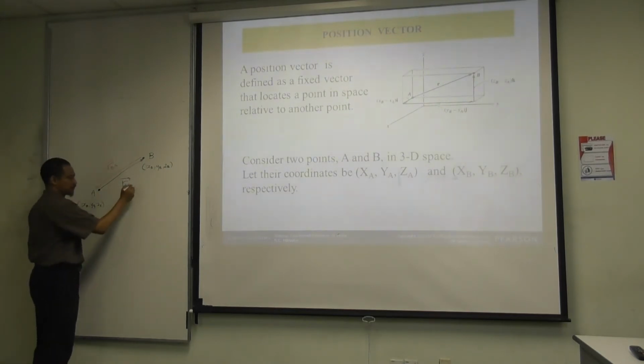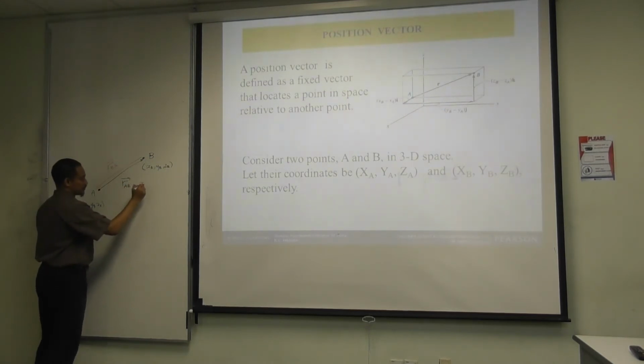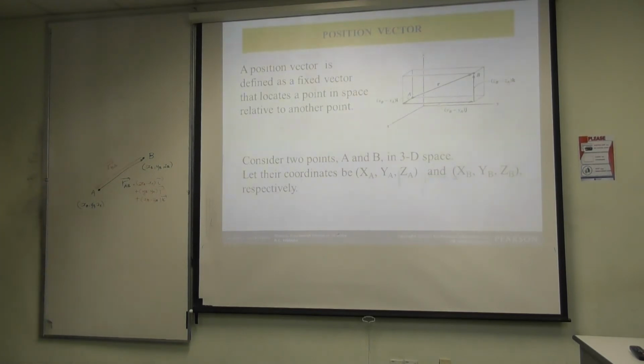Right? Have you covered this before? Yes. So let's see: XB minus XA I plus YB minus YA J plus ZB minus ZA K. Right? And then you get the vector.